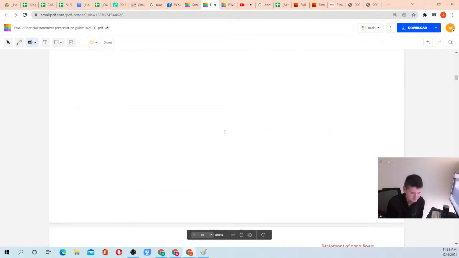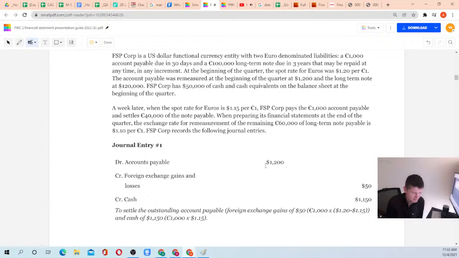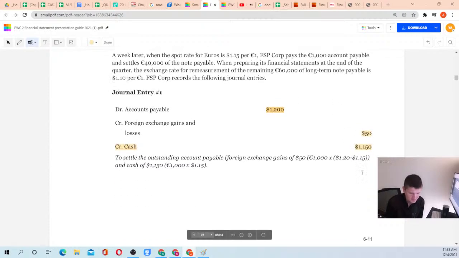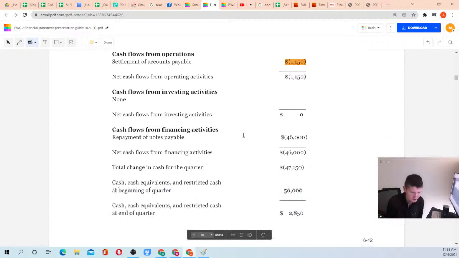For example, in that case, they have 1,200 accounts payable, which they actually settled for $1,150 because $50 was an exchange rate difference, and that basically has an impact on cash flow, because in your operating cash flow you should have the number which you actually paid, not the one which you had before the foreign exchange difference.